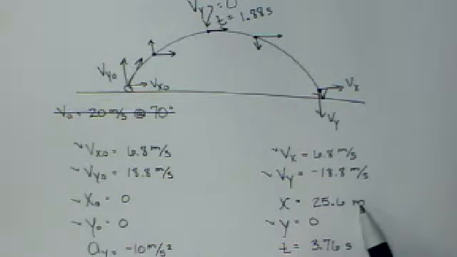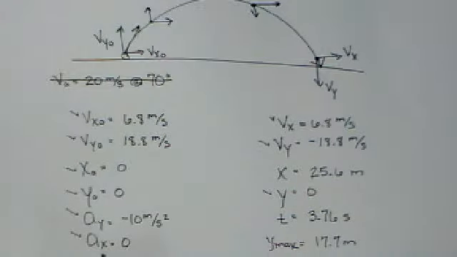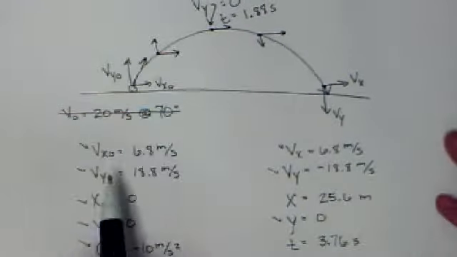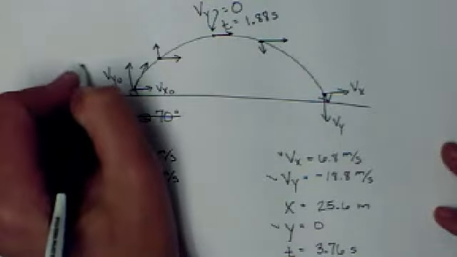Before I could calculate x, I did think about vertical acceleration as -10. That's always going to be the case. There's no horizontal acceleration, so horizontal acceleration is 0. So the next thing I had to think about is to get time, because I needed to get time before I could get x. So if I take a look at the vertical velocity, Vy naught equaled 18.8.